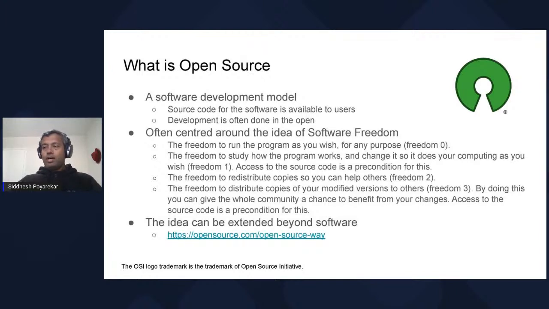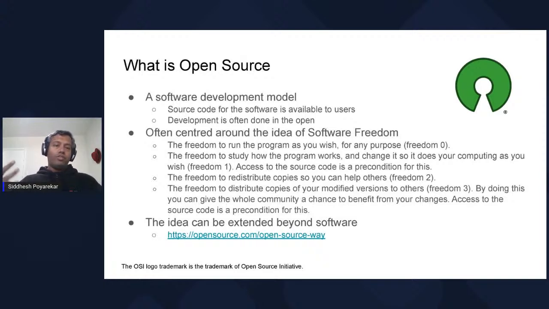The distinction really is in the way you develop your software. If you're following open development, you're essentially doing free software as well. And when you talk about free software, you're talking about freedoms. Free as in freedom, not free as in a free cup of tea.